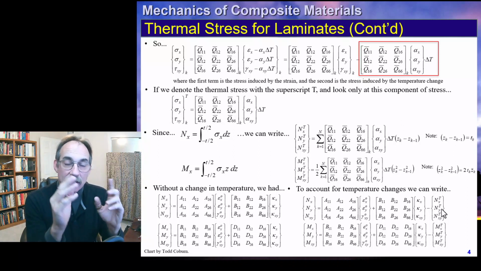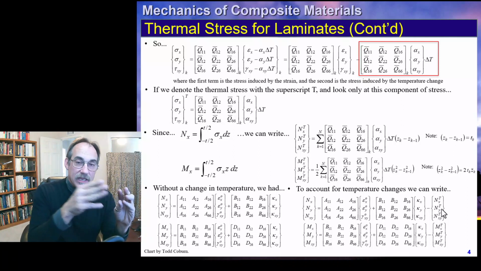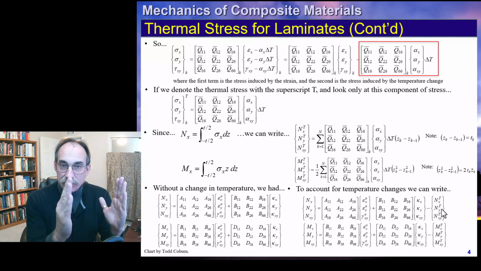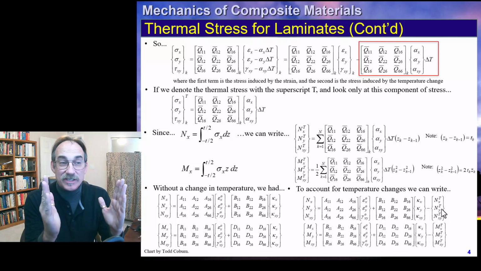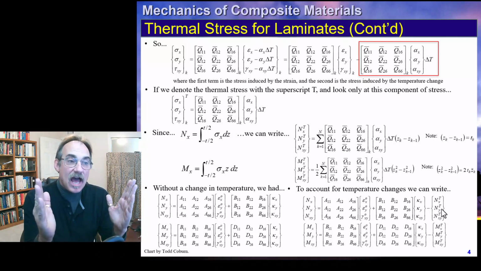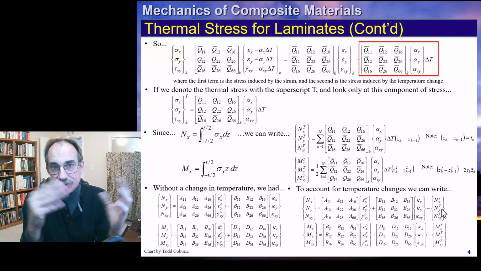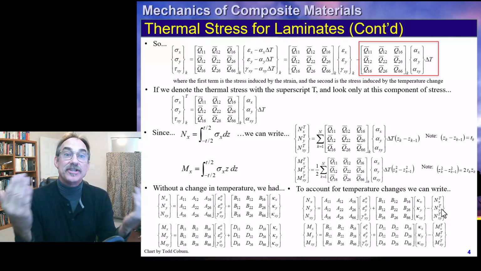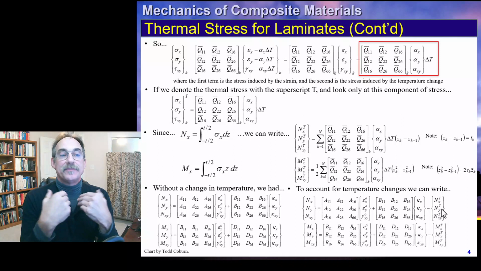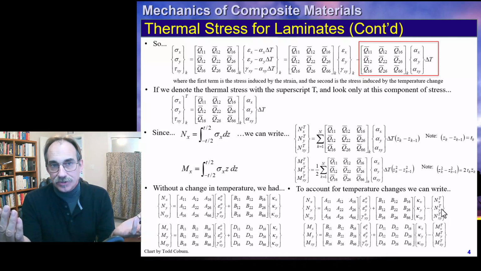So once again, where before we were looking at loads versus strains and curvatures, now we've got a set of running loads and a set of strains and curvatures, and these are caused by external loads and by thermal loads.